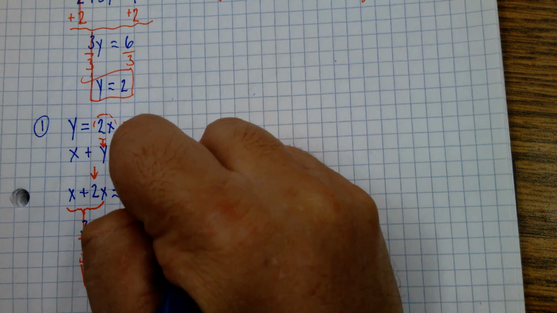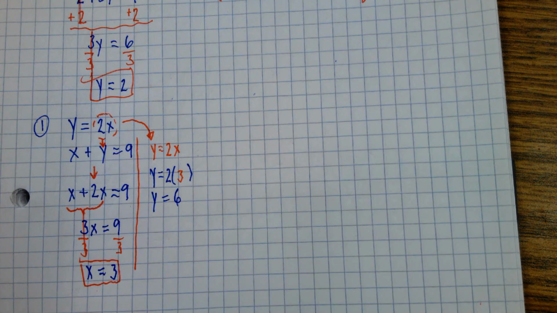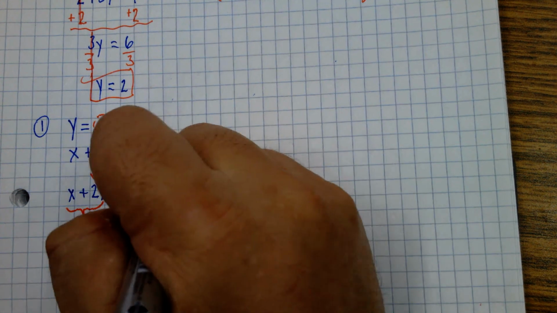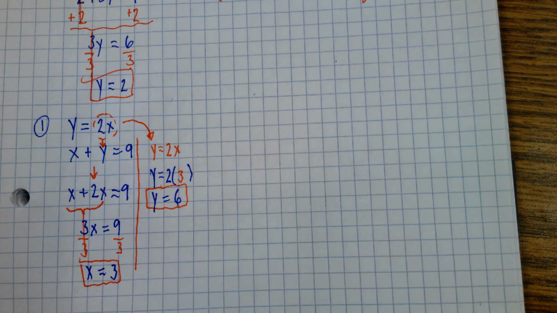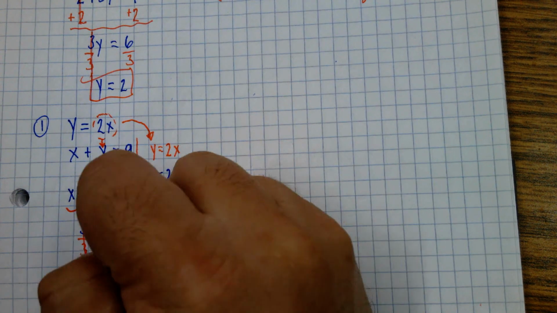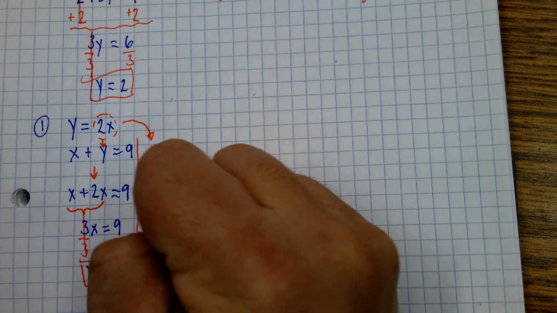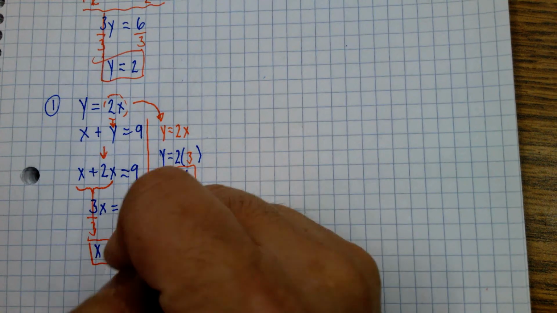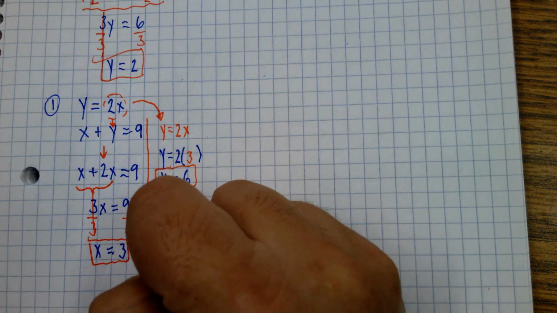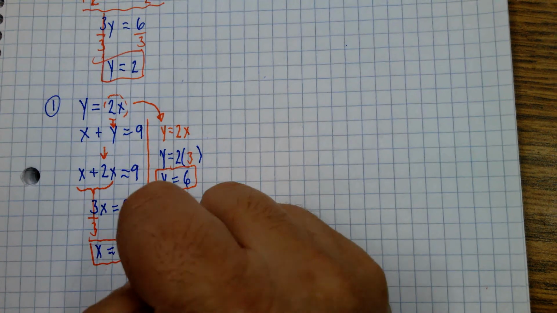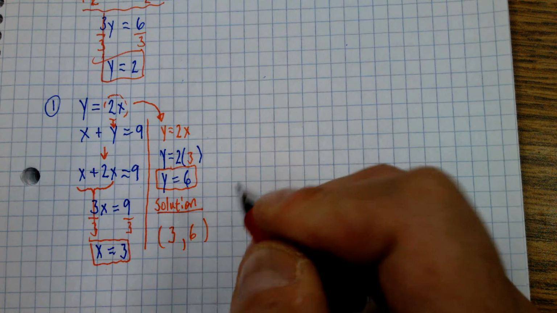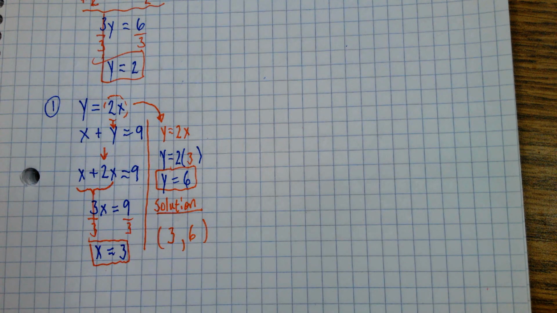And that's 6. So we know what x is. We know what y is. Let's write down the solution. What's my ordered pair? 3, 6. So without graphing a single line, I could figure out where those two lines cross.